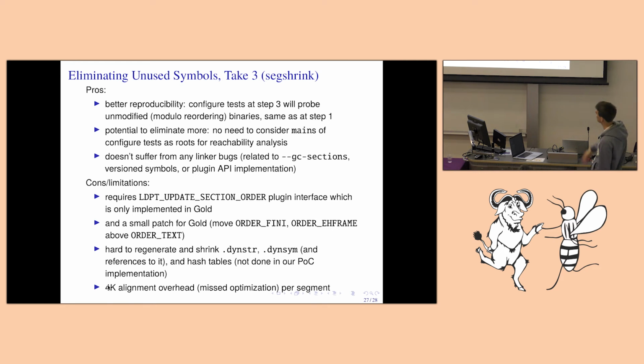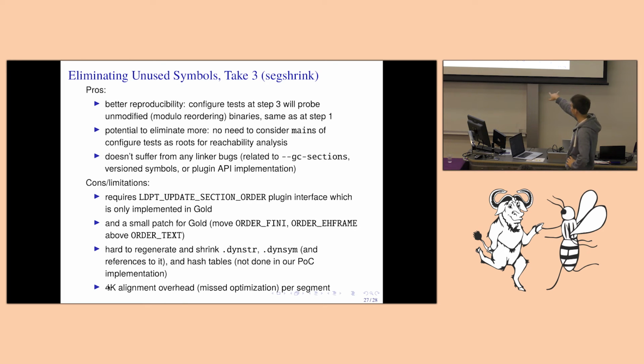Of course, obviously it doesn't suffer from the linker bugs, as much as possible. But it requires this update section order plugin interface, which is only available in gold. And a small patch for gold, which I already mentioned.